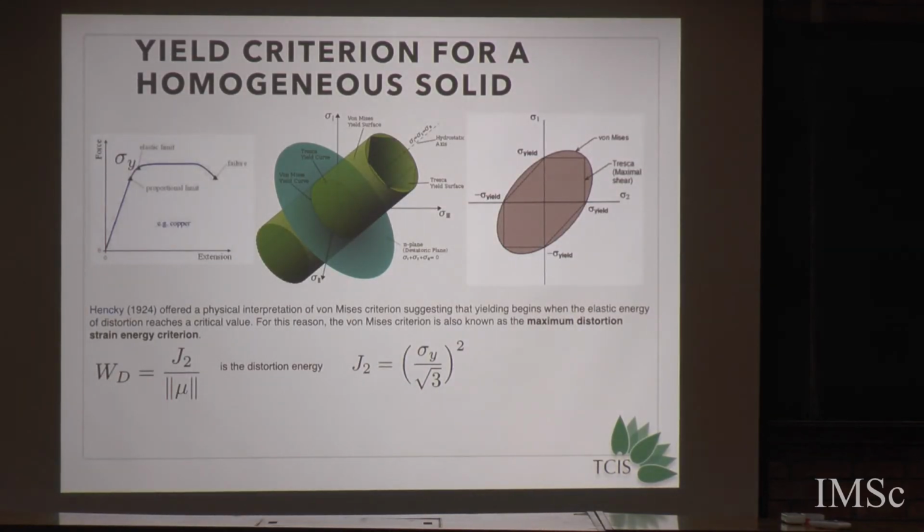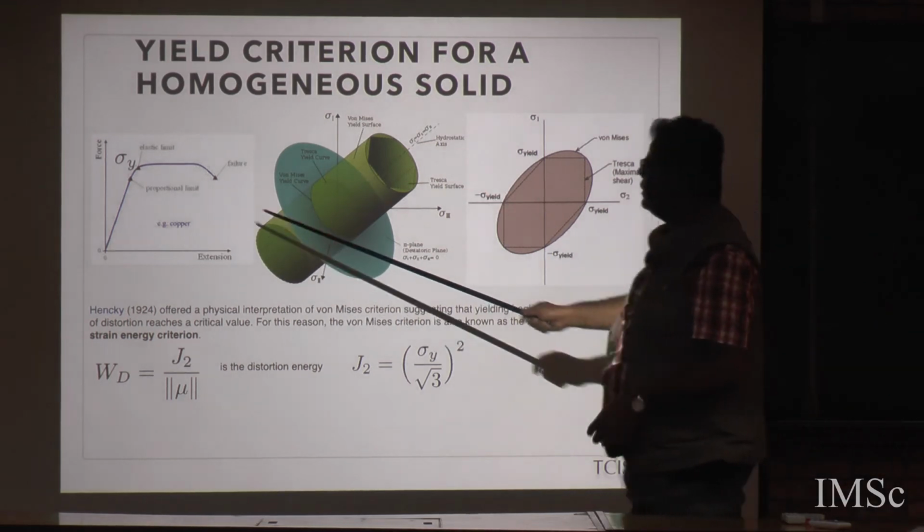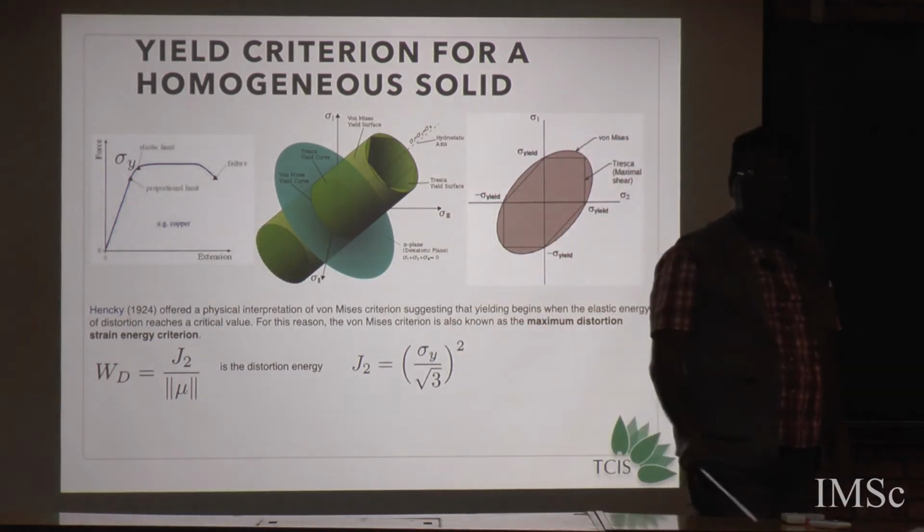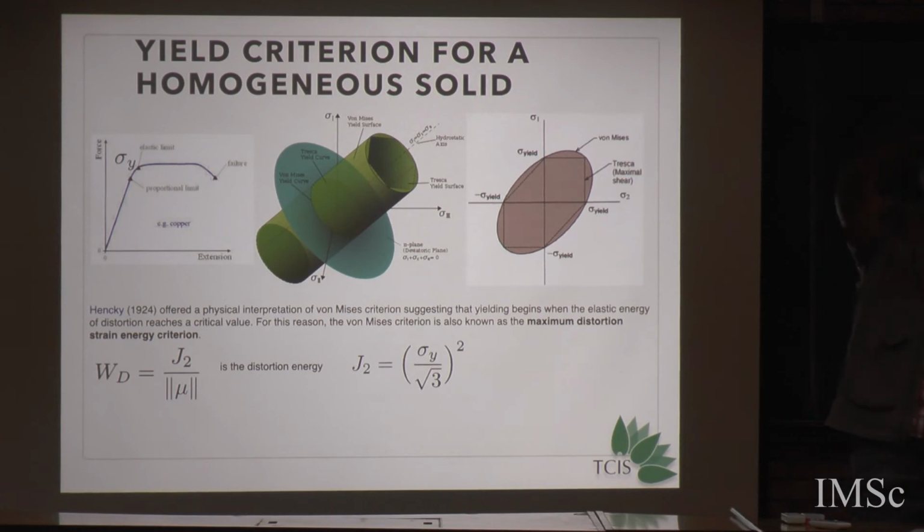So if you have a homogeneous solid, the engineering criterion for yielding is the so-called von Mises criterion, and this is not really saying much. It is just taking the empirical yield stress in a pure shear experiment and trying to predict what is going to happen if you have an arbitrary shear.